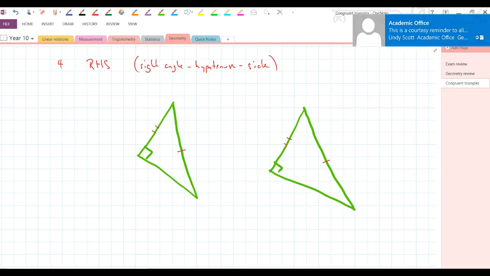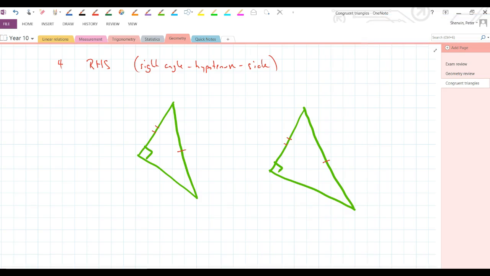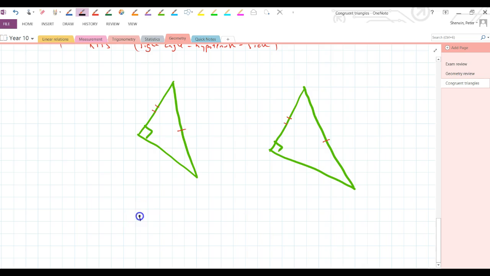I don't want to take up any more of your time on this video, so I'll leave it at that. Take these notes down. Then we'll have a good look in class about how to construct a congruency proof. There's a little bit of a technique involved in that. You can have a look at example 4, like I said, on page 97. And in class, we will have a look at some more examples.